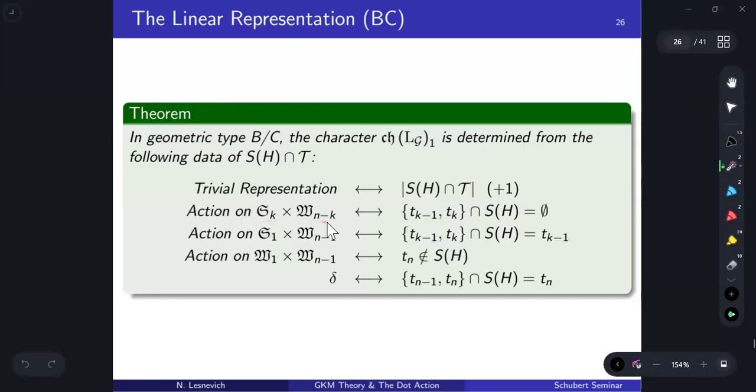We get actions on reflection subgroups for almost everything else, again just associated to what elements are contained within the set of transpositions that I'm working with, just intersection conditions, with a little bit of funny business on T. Oh, these are all supposed to be P's, P sub k minus 1.